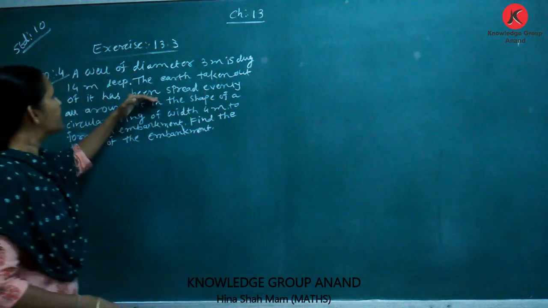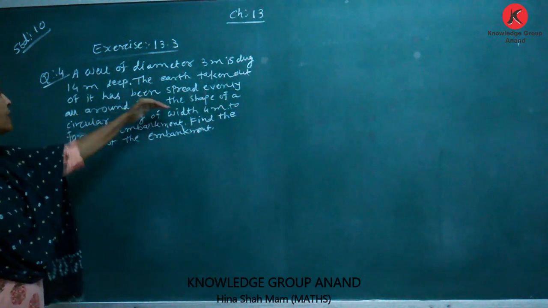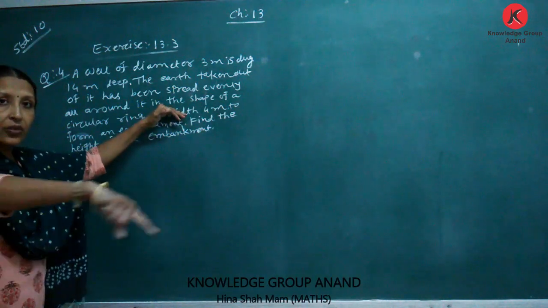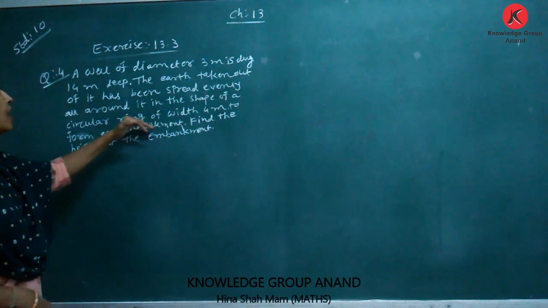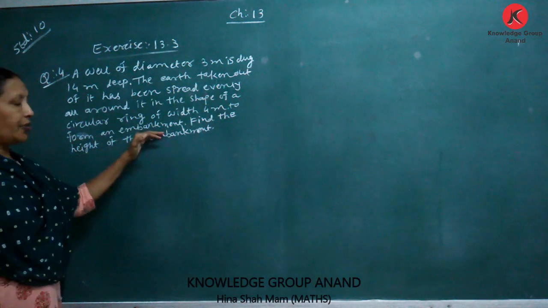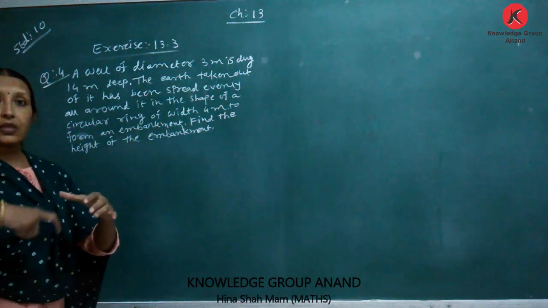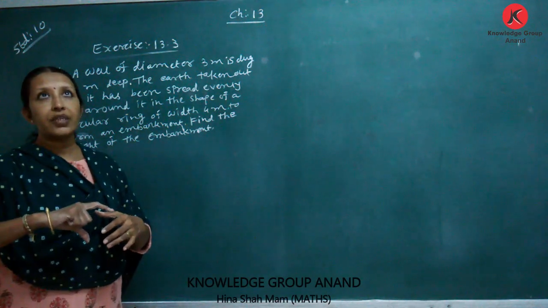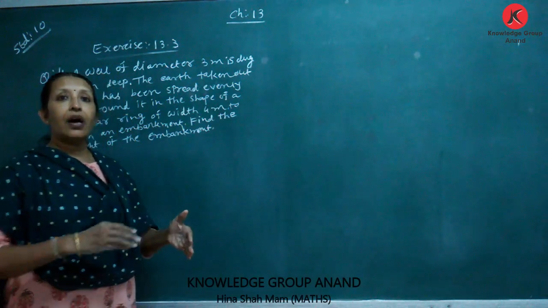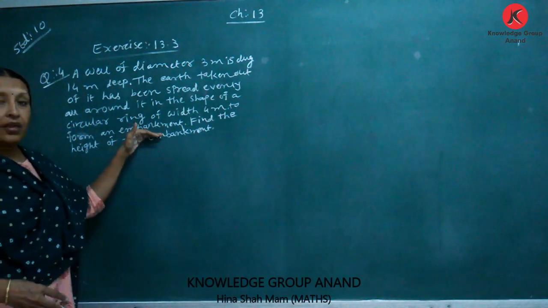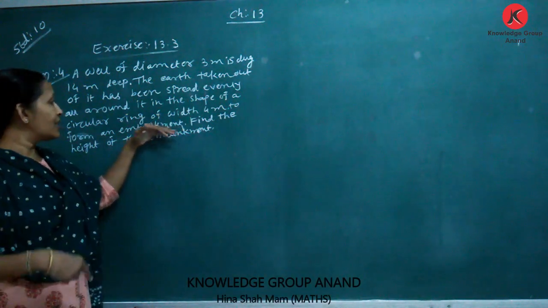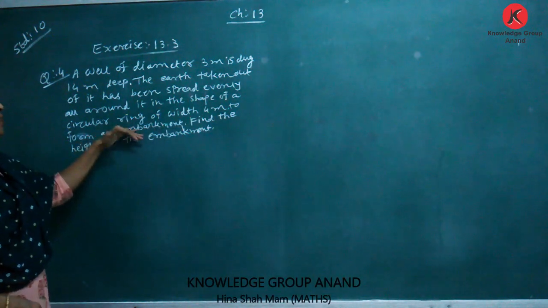It has been spread evenly all around it in the shape of a circular ring of width 4 meter to form an embankment. Embankment means an even stone wall spread around the well. Here the well is circular in shape, therefore it is a circular ring.